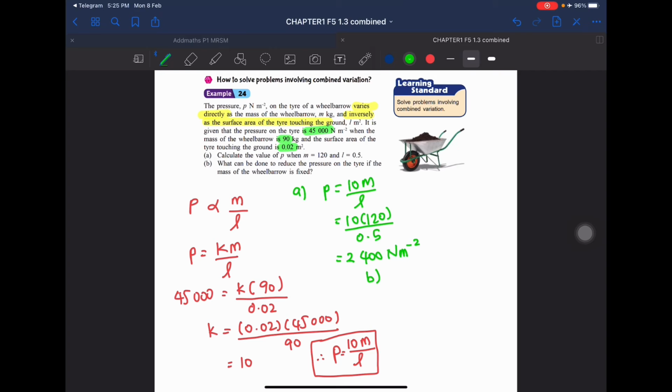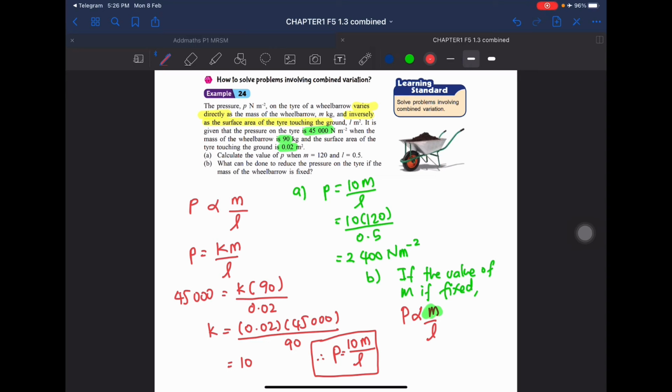So, what can we say about this question? If the value of m is fixed, I write it down: p equals m over l. So if the value of m is fixed, what happened here?